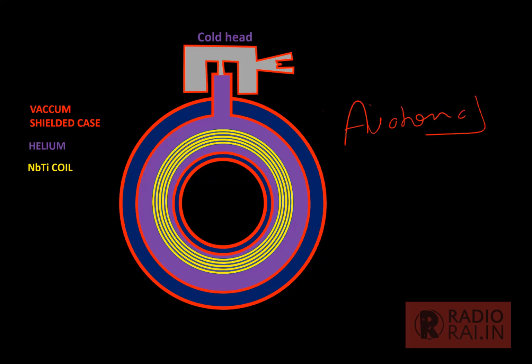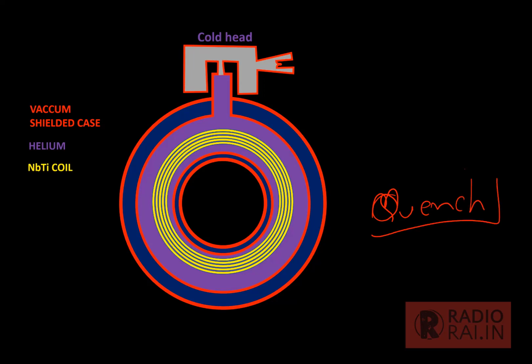Why does automatic quenching happen? Because the coil is getting heated up and resistance increases, so there is heat production and loss of current. That is automatic quenching. Now, every MRI acquisition room has a switch called a quench. This quench switch is for emergencies, for example when a patient is stuck between a trolley and the MRI gantry.